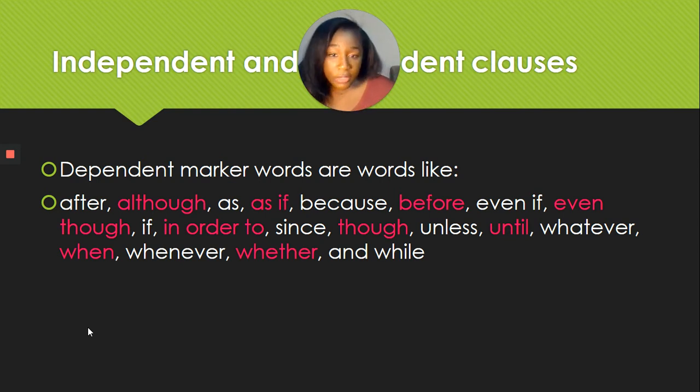So after, whether, while, whatever, since, though, unless, there's a whole list on the screen. If you see any of these words within a sentence, you just want to be a little bit mindful that a dependent clause might be lurking or hiding as a complete thought.